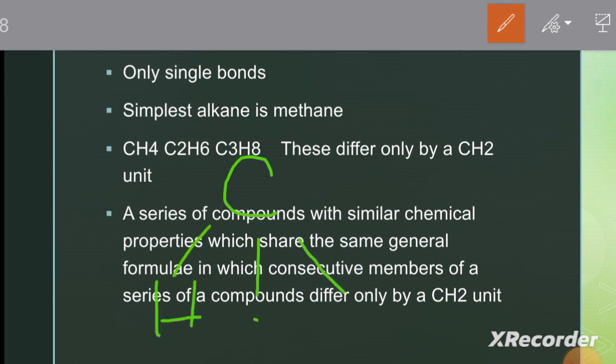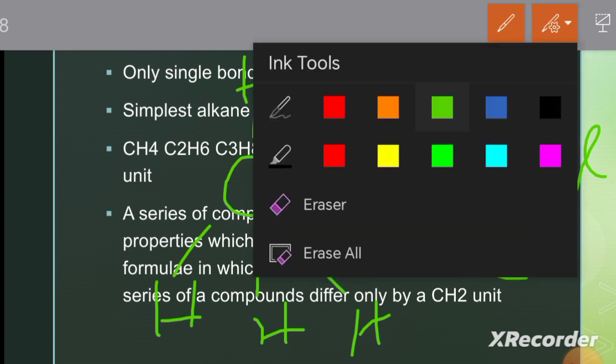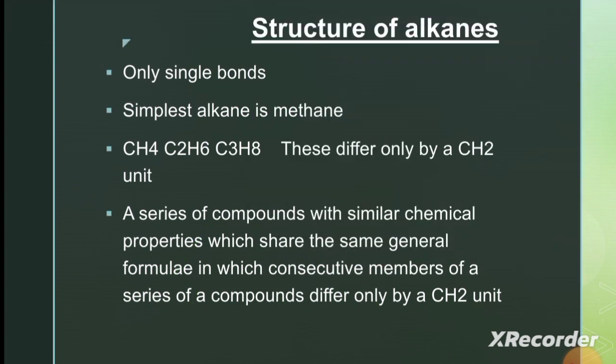It contains a single carbon atom. Right? Then here CH4, C2H6, C3H8, that means methane, ethane, propane.